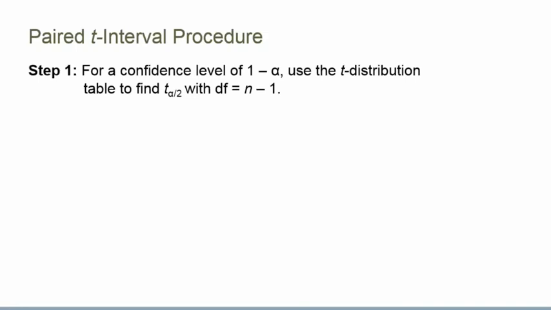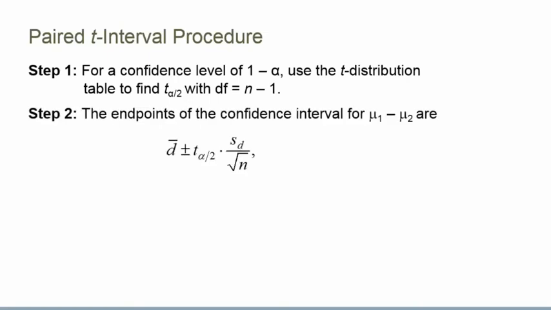Paired t-interval procedure step 1. For a confidence level of 1 minus alpha, use the t-distribution table to find t sub alpha divided by 2 with degrees of freedom equal to n minus 1. Step 2.